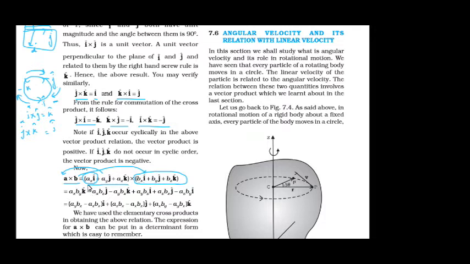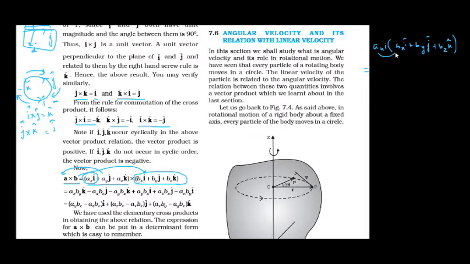Again, we'll multiply axi, the first term, with the whole of bxi plus byj plus bzk.